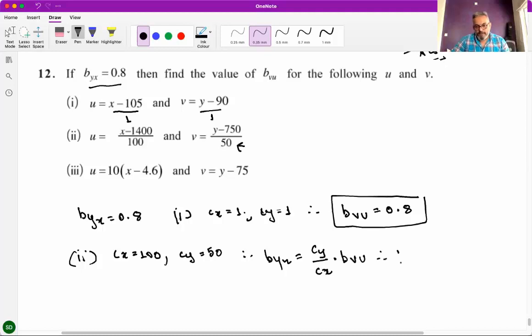Therefore, b v on u is equal to cross multiply. So 0.8 into c of x, that is 100, upon c of y, which is 50. So therefore, b v on u is equal to 1.6.